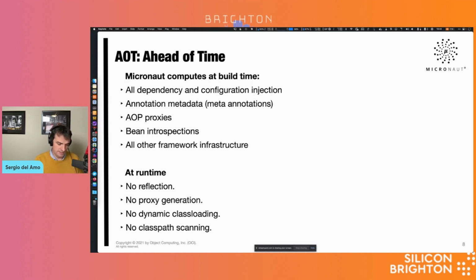AOP is logic that you will see, for example, for validation or for transaction demarcation. With introspections, we are able to basically serialize and deserialize from JSON without using any reflection. In general, we avoid reflection like the plague. There is no dynamic class loading, no classpath scanning, no proxy generation. So we moved as much as possible to build time.